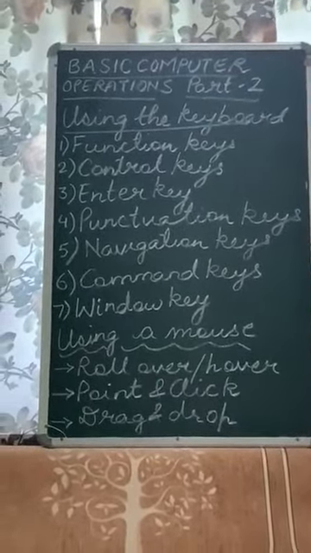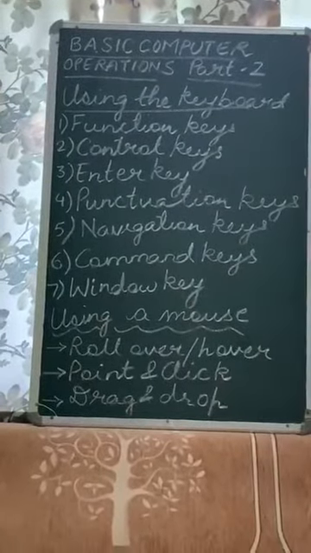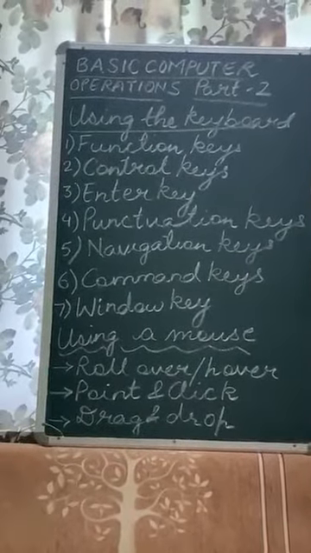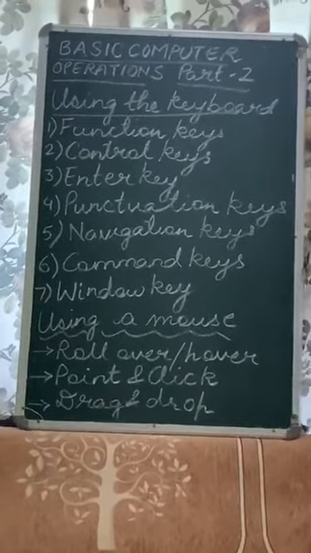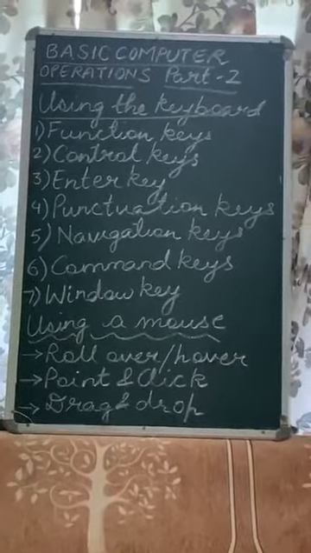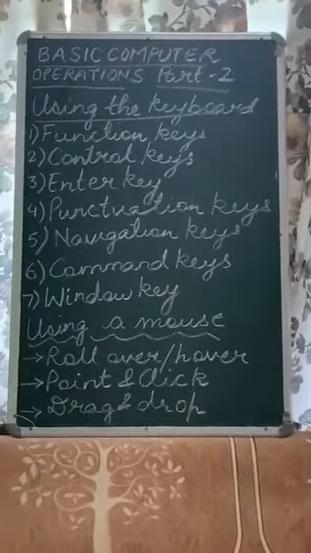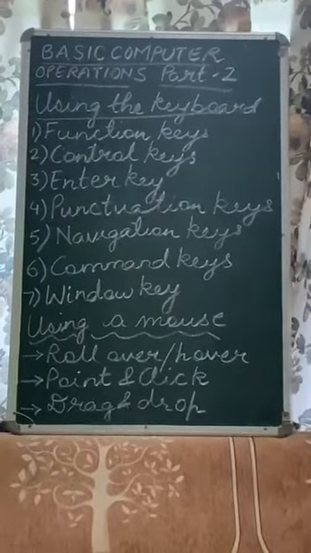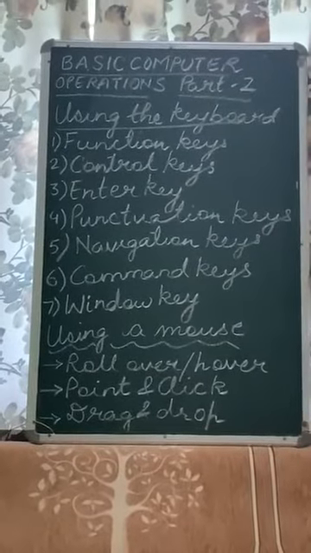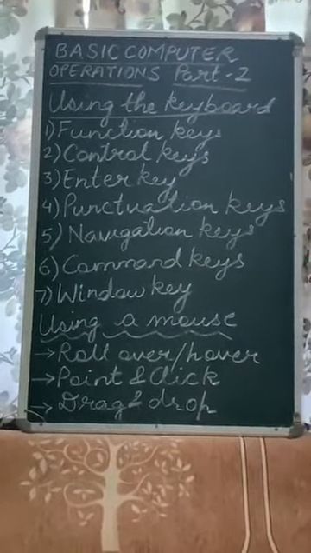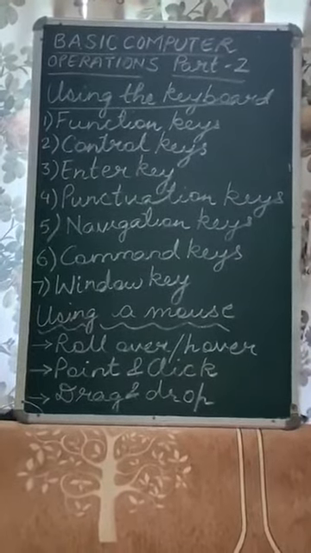Then you have the navigation keys. What is the meaning of the word navigation? Navigation means moving from one place to another. In the navigation keys you will find the arrow keys: left, right, top and bottom.